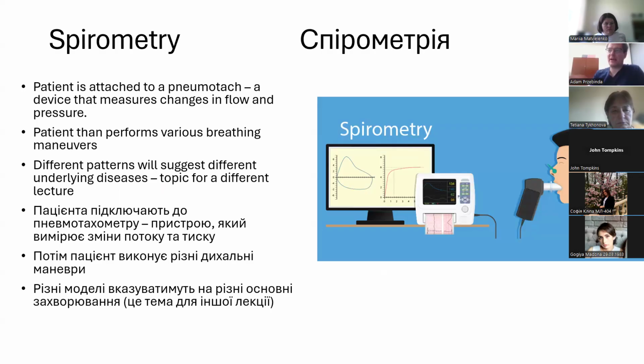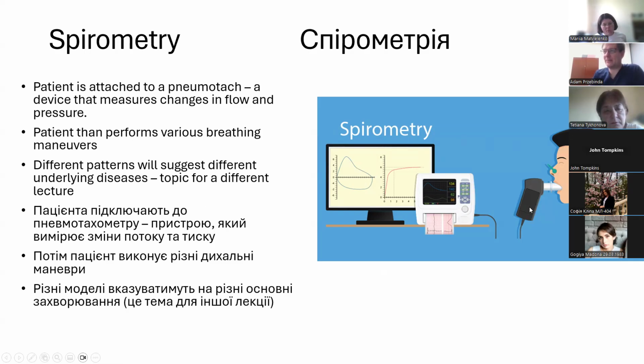But we're going to go back to a little bit of background on lung function tests. I put this in here just because normally this lecture is given after a lecture on spirometry, so this is hopefully just a review. In spirometry, you have this cartoon of a man attached to a pneumotach device.